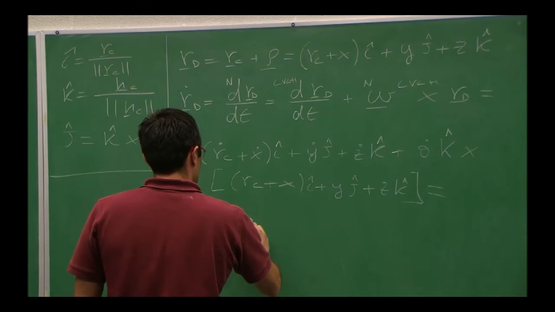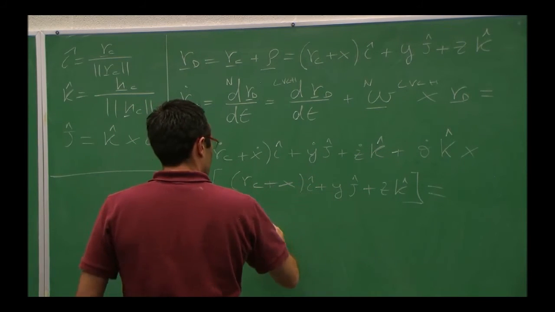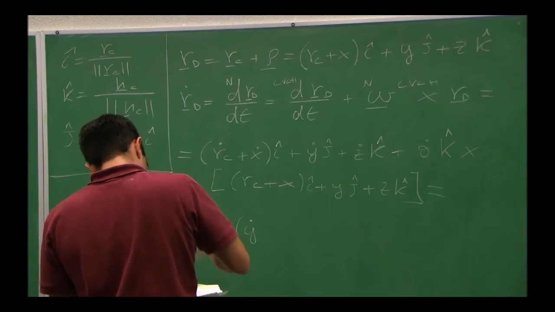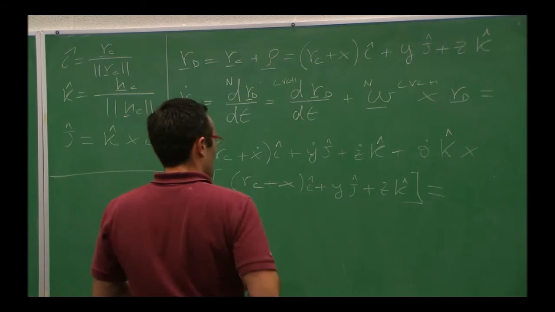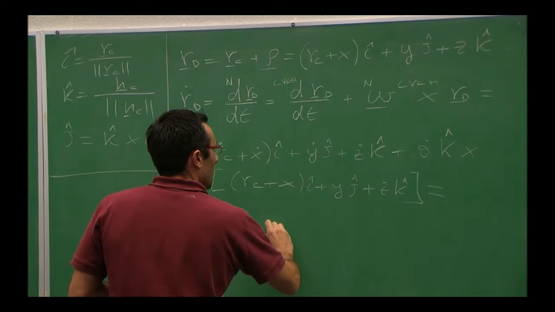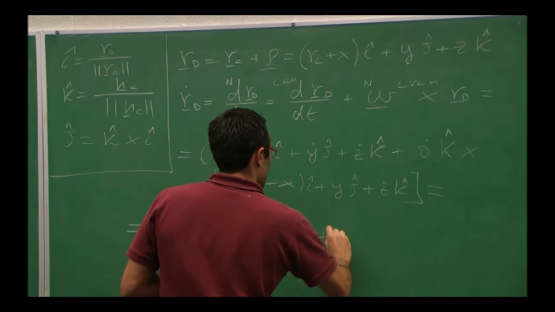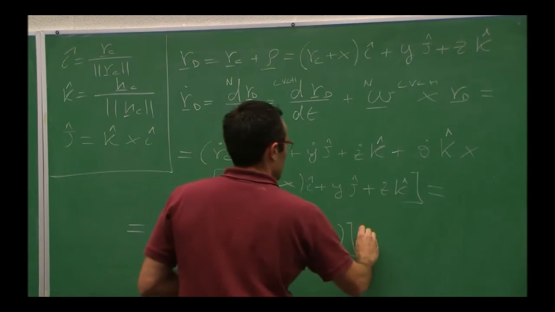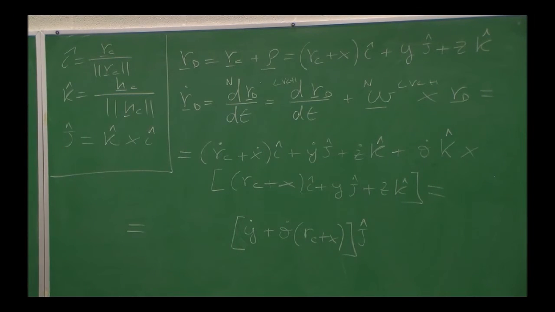So I'm going to have a Y double dot that was already there, plus, K crossed with I, yes, I see a theta dot times R_C plus X on J. I'm just trying to collect all the terms.